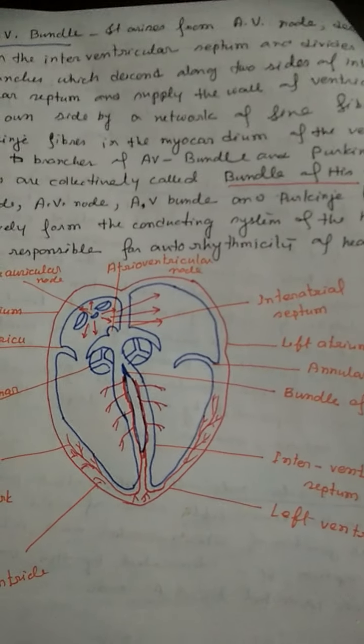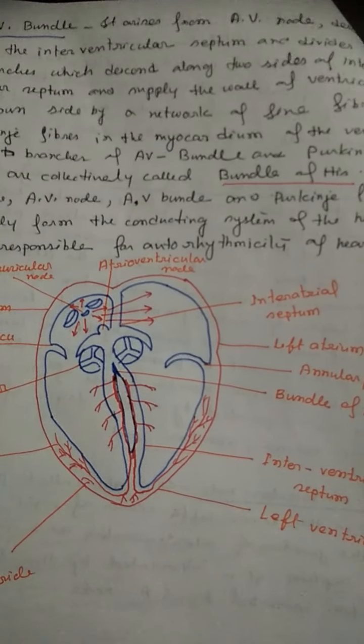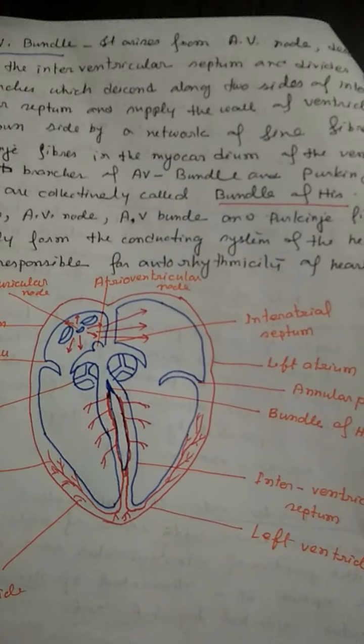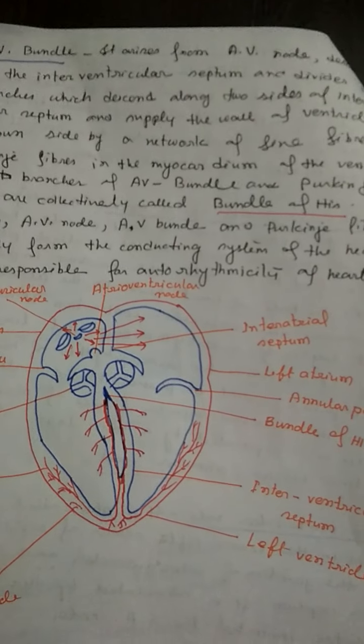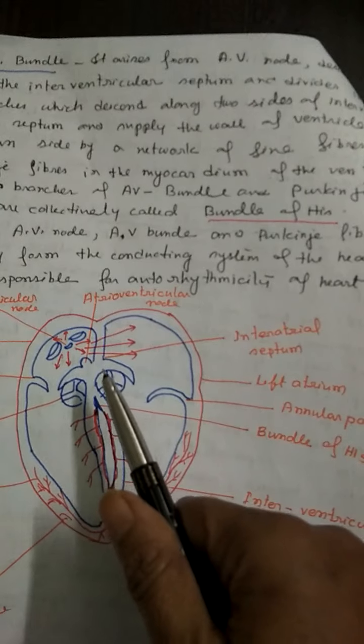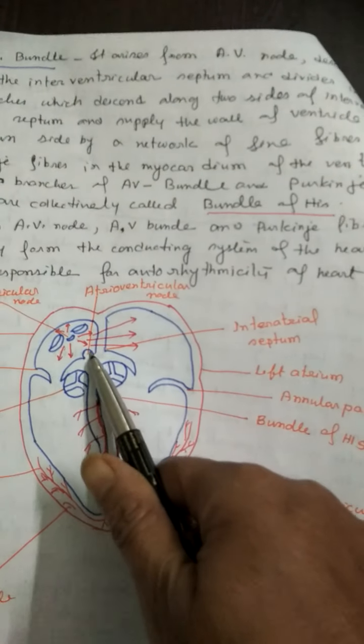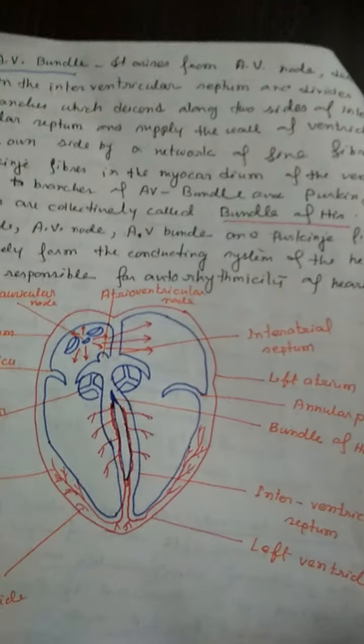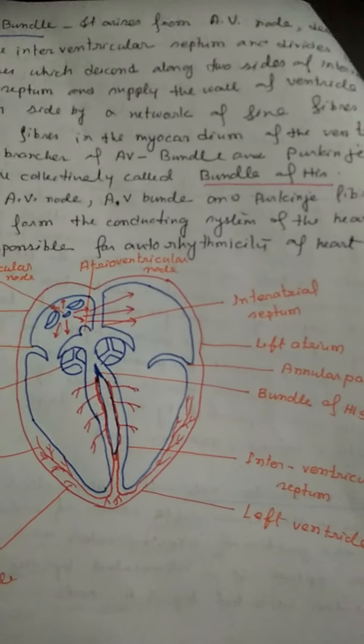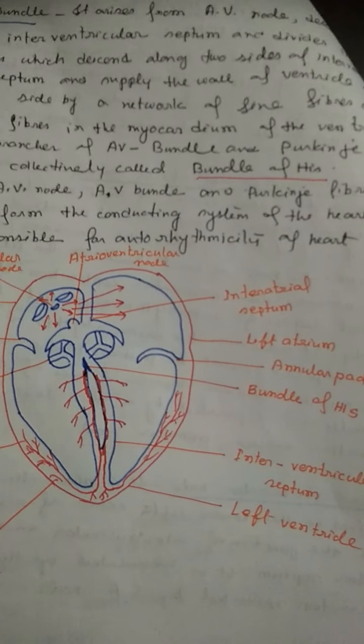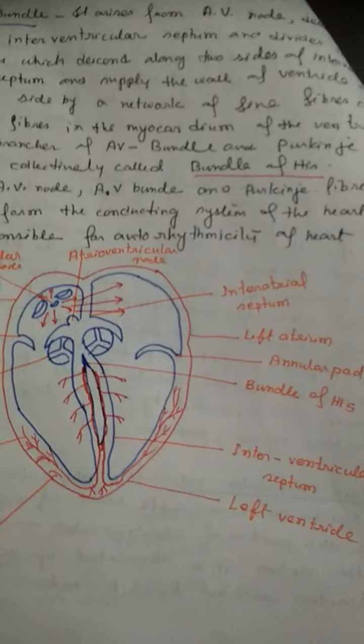It lies in the lower left corner of the right atrium, this bulging portion, and it is stimulated by the waves of contraction initiated by the SA node.